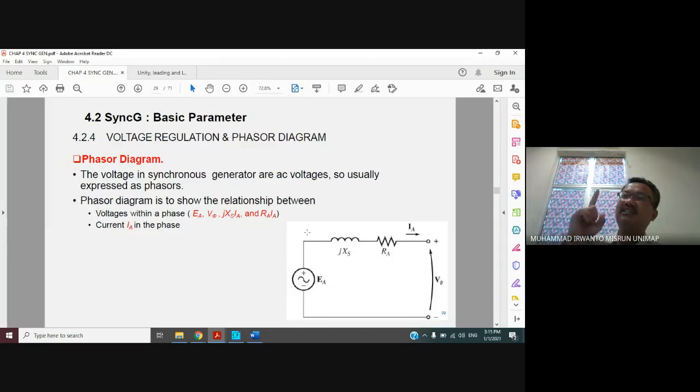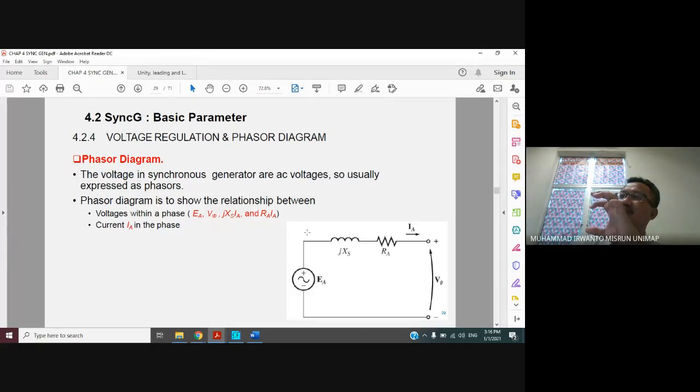The first is the internal generated voltage, EA. We can call it the main source. And then the drop in the reactance, jXSIA, and the drop in the armature resistance, RAIA.